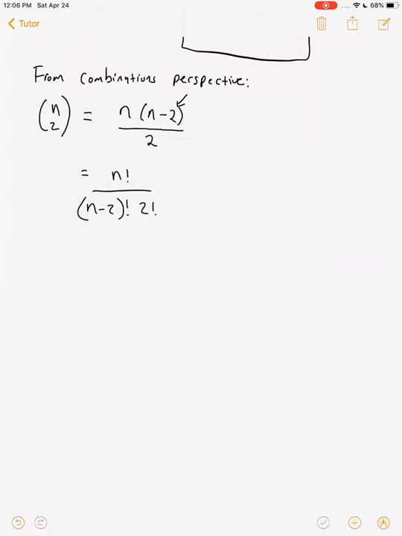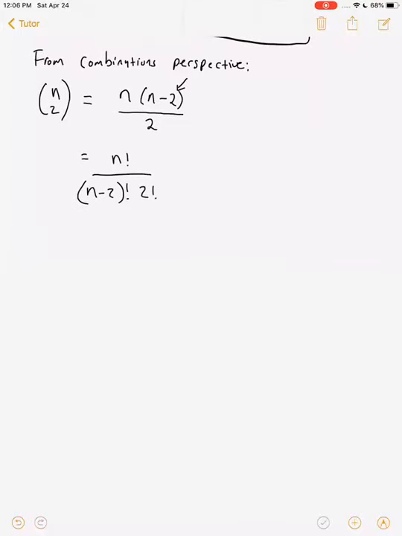Okay, so n minus 2 is 2 less than n, right? So it's going to cancel out every number in this n factorial. It's just going to be the first 2 numbers multiplied, because we're going to cancel out every number after that with this one.